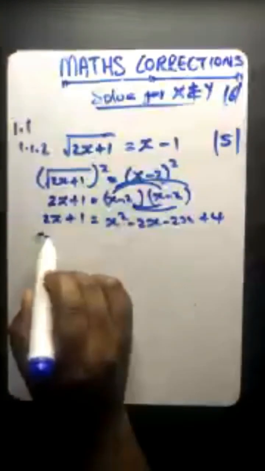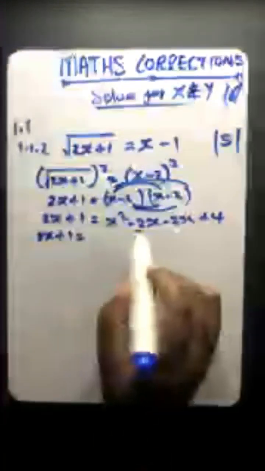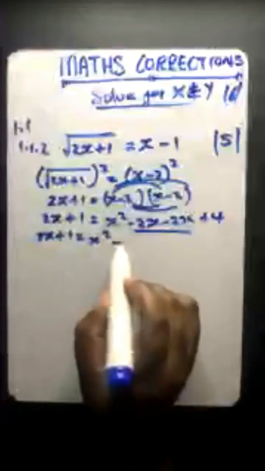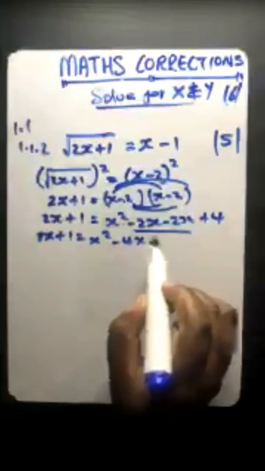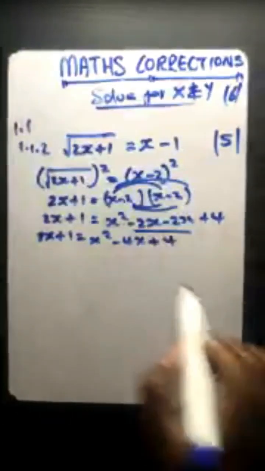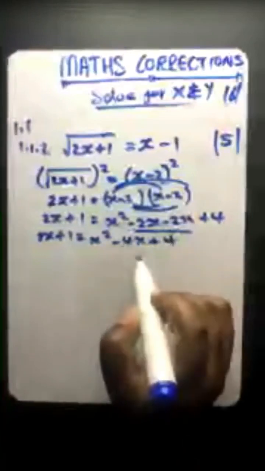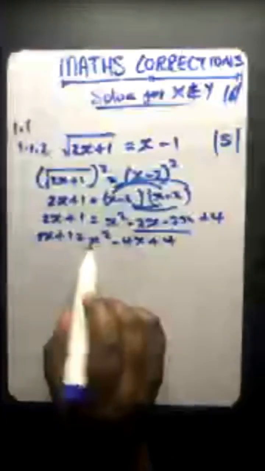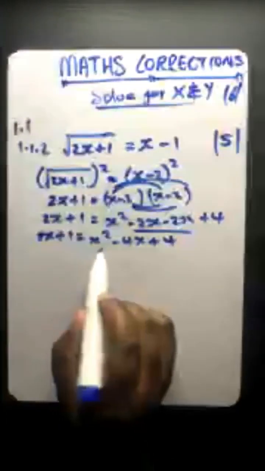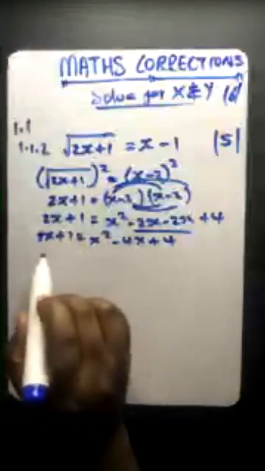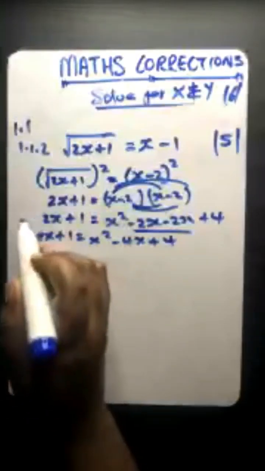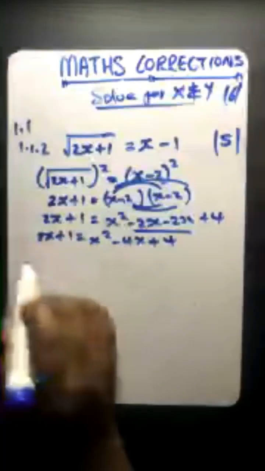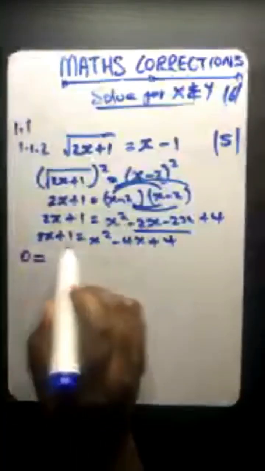Now let's see. I can just work out the like terms. x squared, then it gives you negative 4x. This is where you guys get it wrong. Make sure to punch negative 2 minus 2, and it gives you that. So can you see? I'm having this as a positive sign on this side, so I'll take all to the other side. So that means I'm going to leave 0 this side, because everyone is leaving the left side.